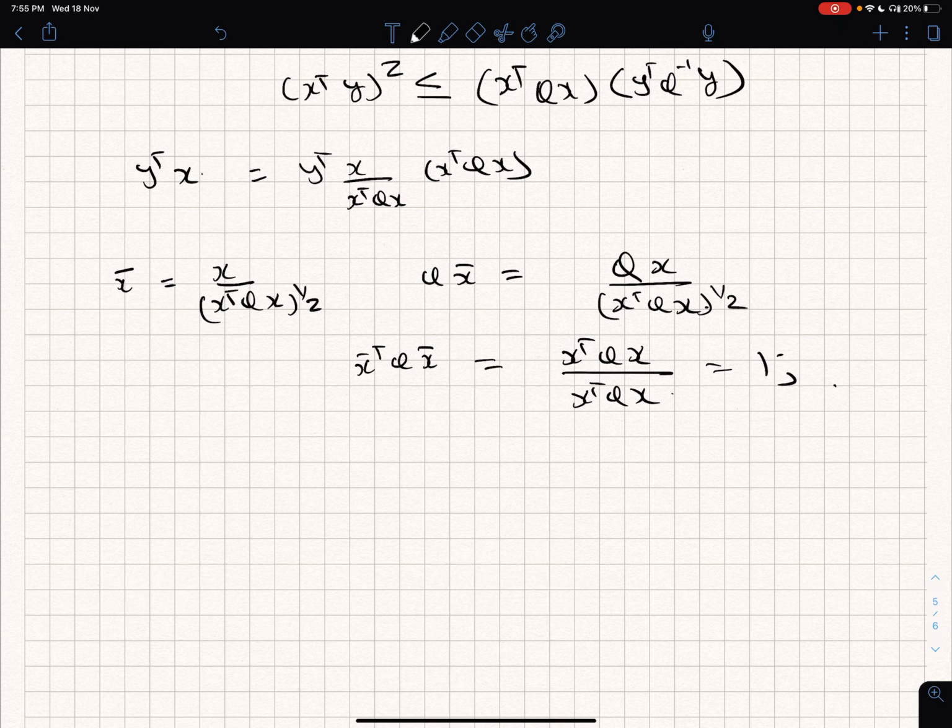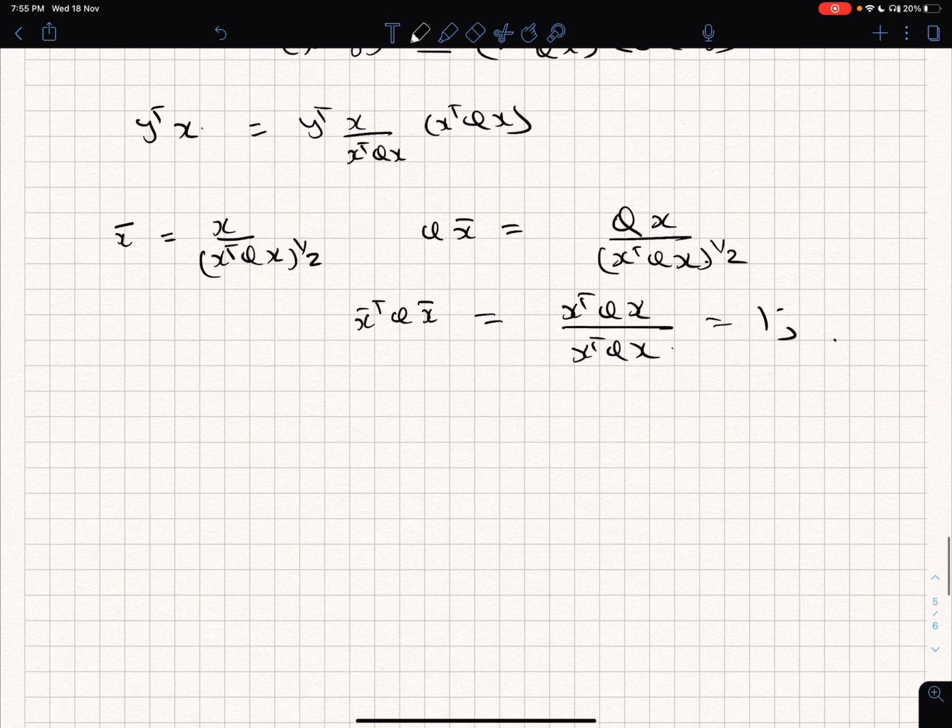Why did I do this scaling? Because I want to use the optimization result that I just derived, but using that result requires that x transpose qx be equal to 1. So hence I did this scaling.